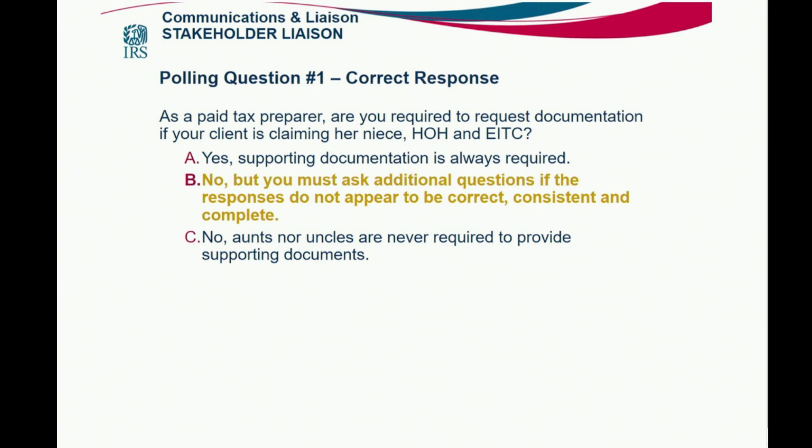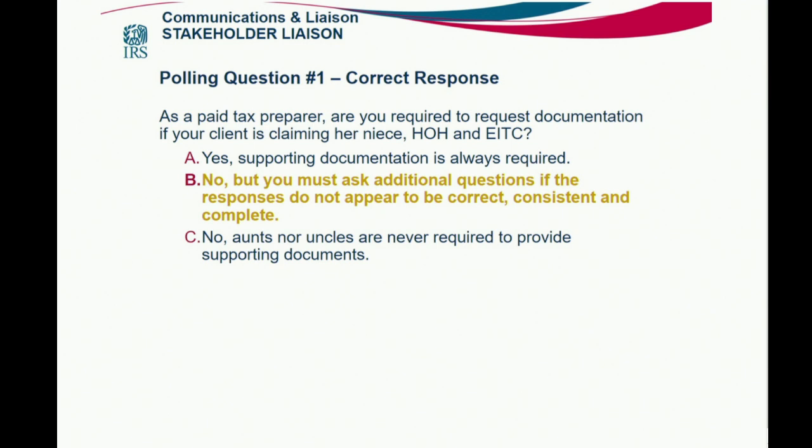Sure. And as Yvette said, the correct response is B. The preparer must make additional inquiries if responses to probing questions do not appear to be correct, consistent, and complete. The question you need to ask yourself when preparing your client's tax returns is this: can you, a professional paid tax return preparer, knowledgeable in the tax law, conclude that the information furnished to you by your client is correct, consistent, and complete?